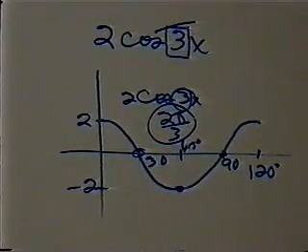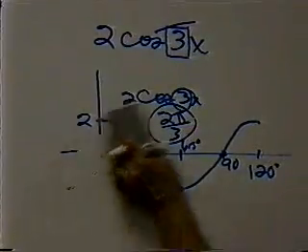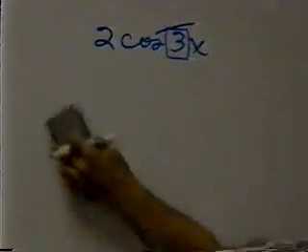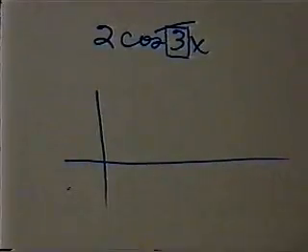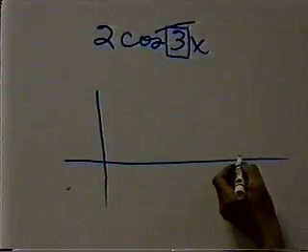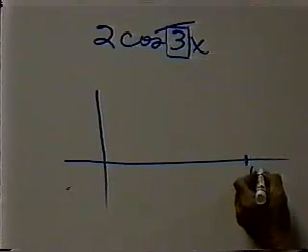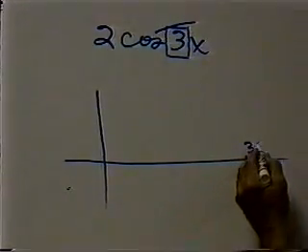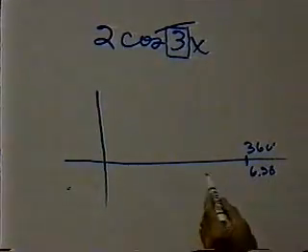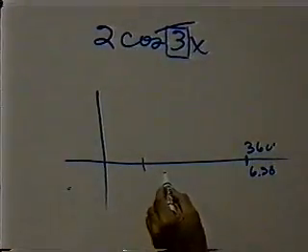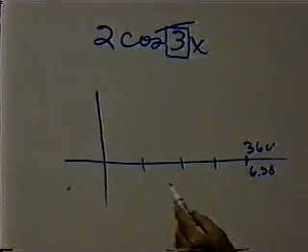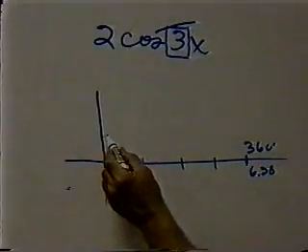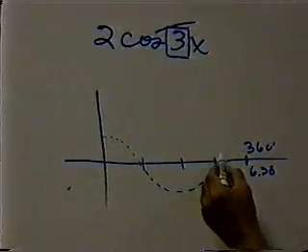Now, see what's really happening here. Let me erase this and go over it again. What's actually happening if I were to draw this exact, is let's say this is at 6.28, or 360 degrees. And we come in here and make our 4 equal marks. Well, the cosine curve is supposed to be like this.